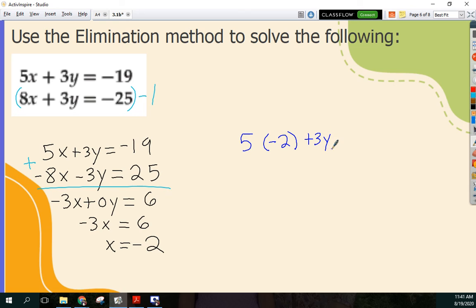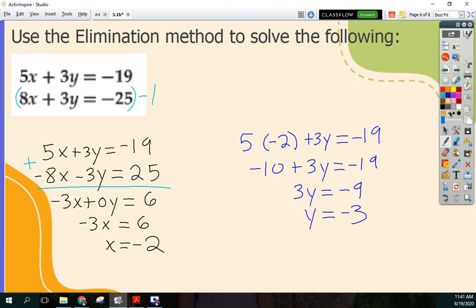So we get 5 times negative 2 plus 3y equals a negative 19. So simplifying, we get negative 10 plus 3y equals negative 19. Adding a 10 over, we get 3y equals negative 9. Dividing by 3, we get that y equals negative 3.